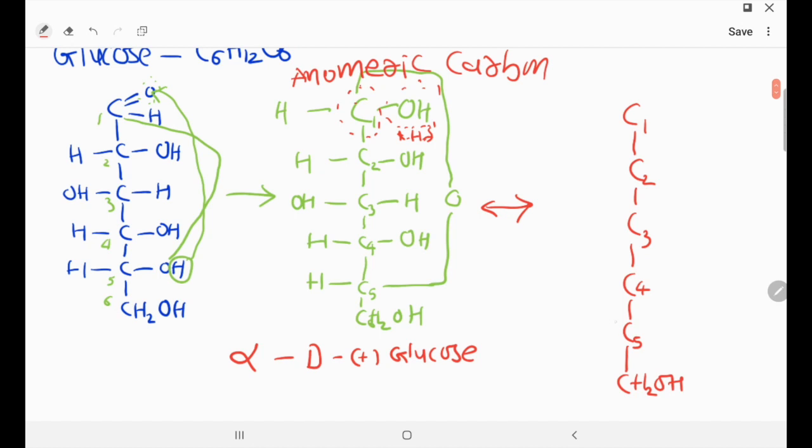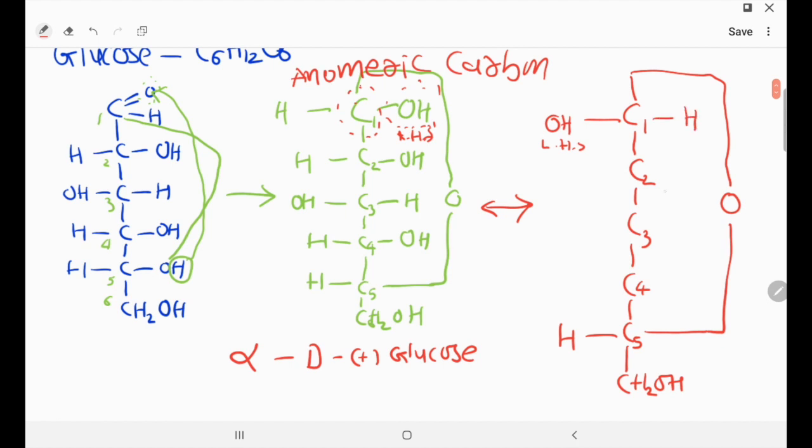Now one H is here, one oxygen linkage. Now on carbon number 1, change the position of OH. Now I am putting OH on the left hand side and H on the right hand side. Otherwise everything is the same, copy paste.